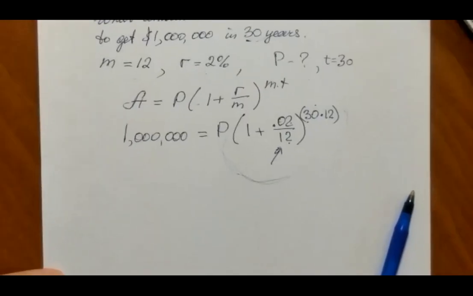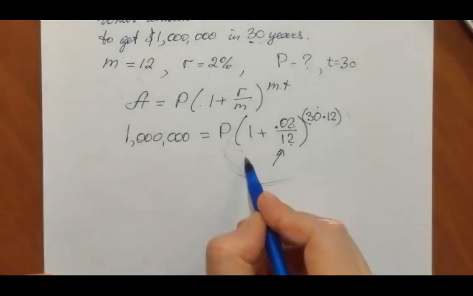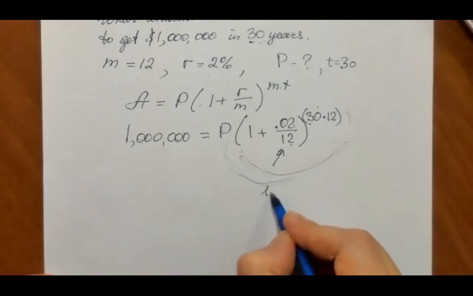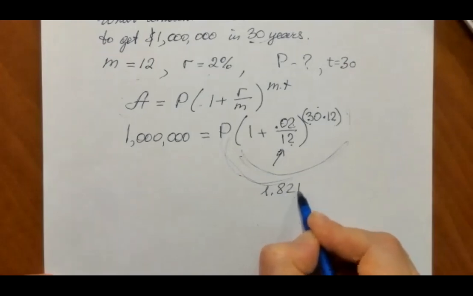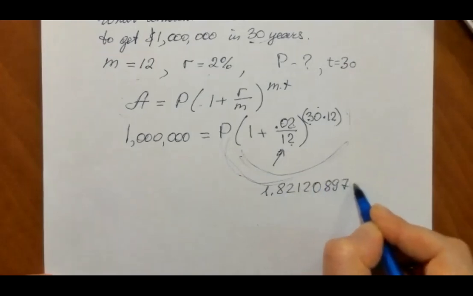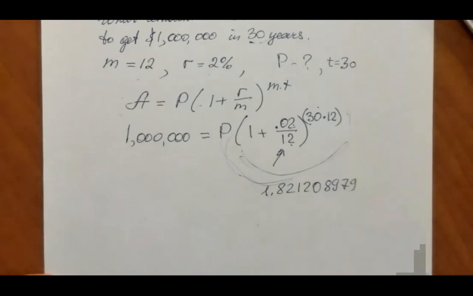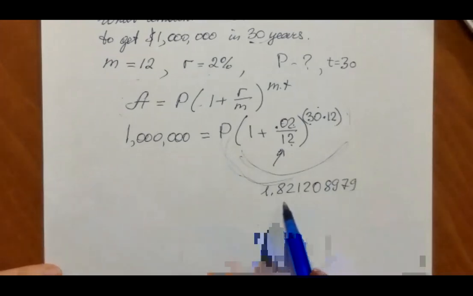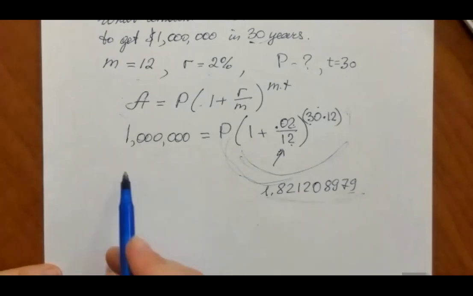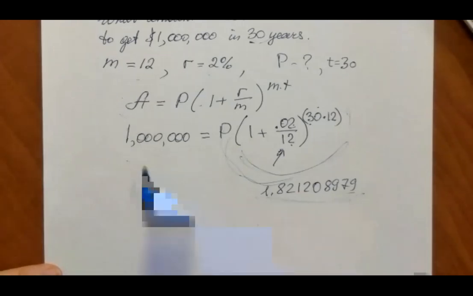Let us finish it on paper. For this right part, we have got 1.821208979. To find P, we must divide the left part by this number.